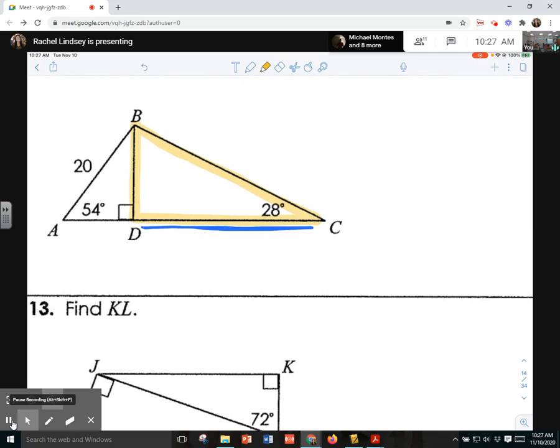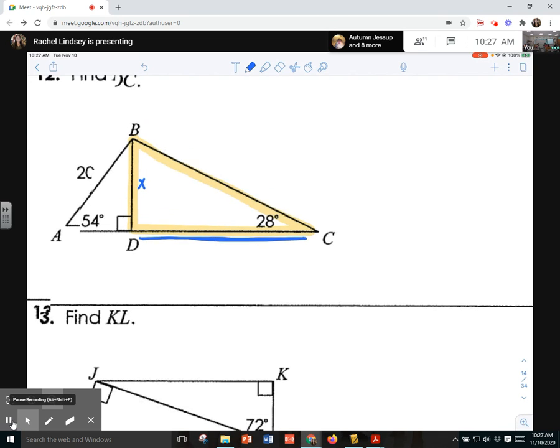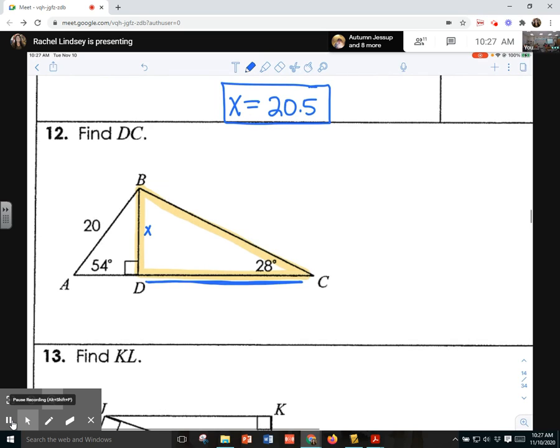So the only side that touches the other triangle would be this one right here. So I'm going to solve for x first. So I'm going to solve for that side. So just looking at that little right triangle, I need to solve for x. So here's my angle. X would be opposite. 20 would be hypotenuse.